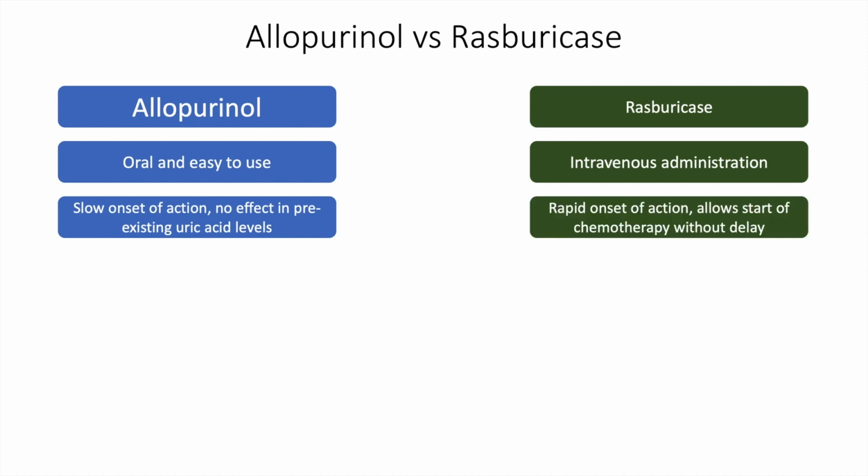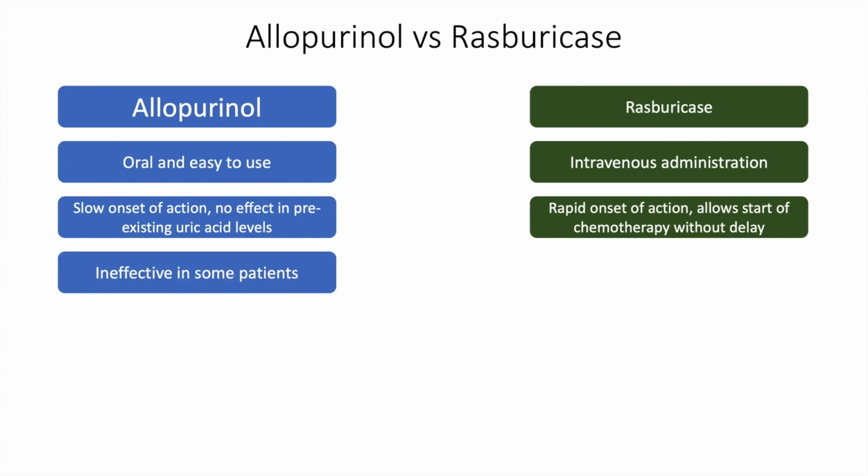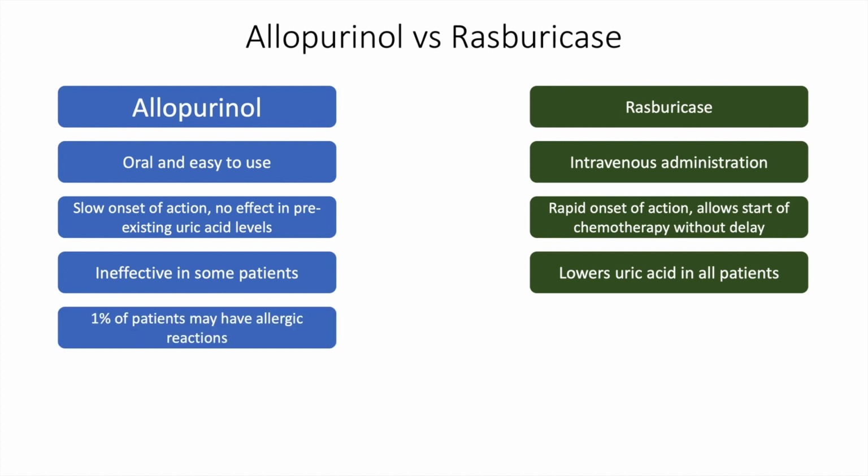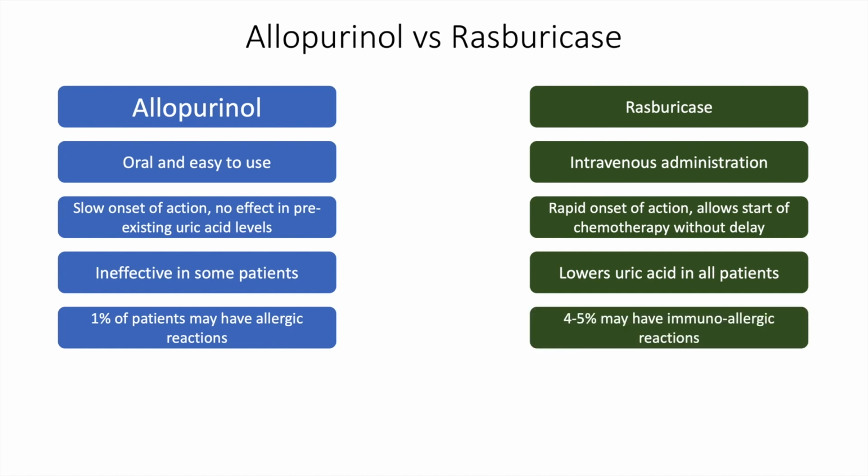However, rasburicase is rapid and allows start of chemotherapy without delay. Allopurinol may be ineffective in some patients, whereas rasburicase lowers the uric acid level in all patients. 1% of patients on allopurinol will have allopurinol hypersensitivity syndrome, whereas 4 to 5% of patients on rasburicase may have some degree of immunoallergic reactions.